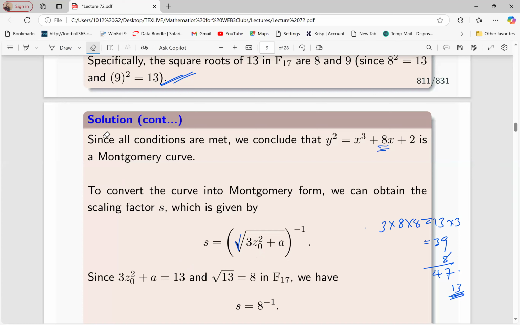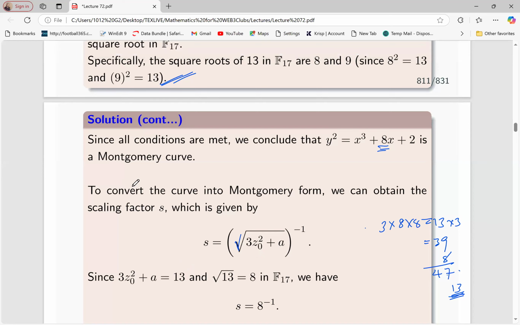This you can do by trial. The square root of 13 should be one of these numbers, all the way up to 16, since we are working mod 17. So you are just trying 0, even the code will be doing that. Try 0, try 1, try 2, try 3, all the way.